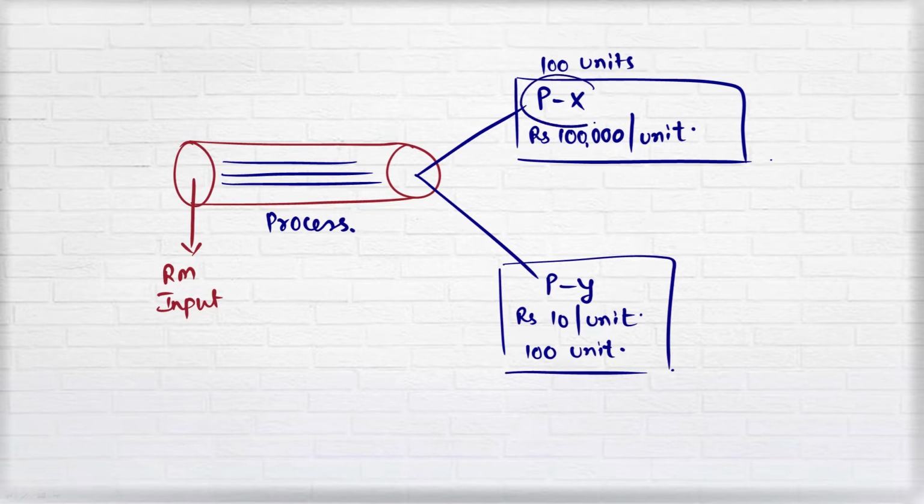The objective is to manufacture product X, and a byproduct Y is manufactured with this particular process.